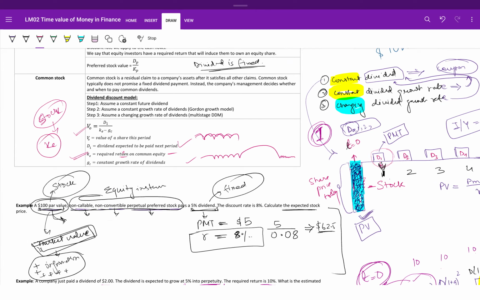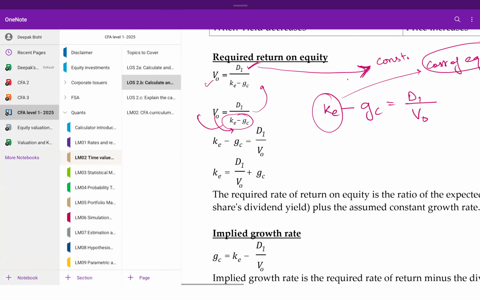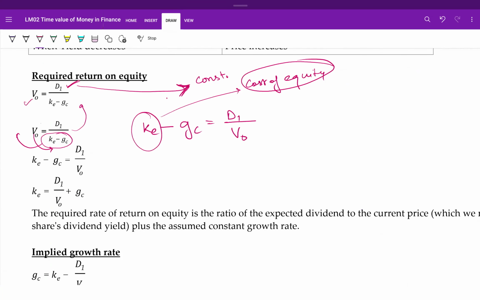Above this, it's good, but below this, it's not acceptable. So KE minus constant growth, dividend at time one, and V0, and you can reverse engineer everything. So this will give you cost of equity as D1 divided by V0, plus G C.